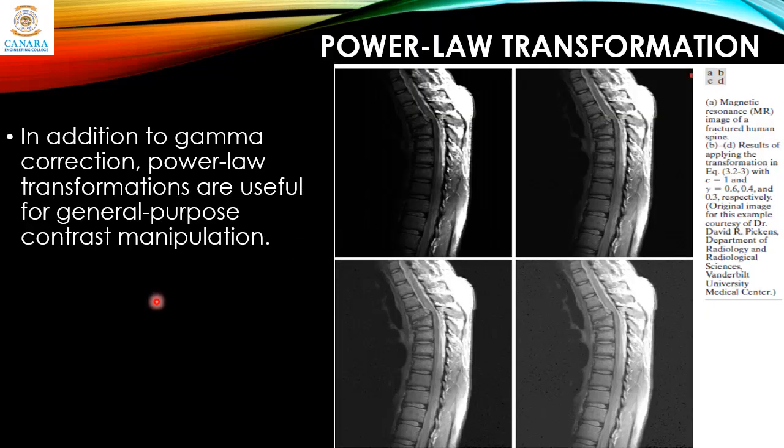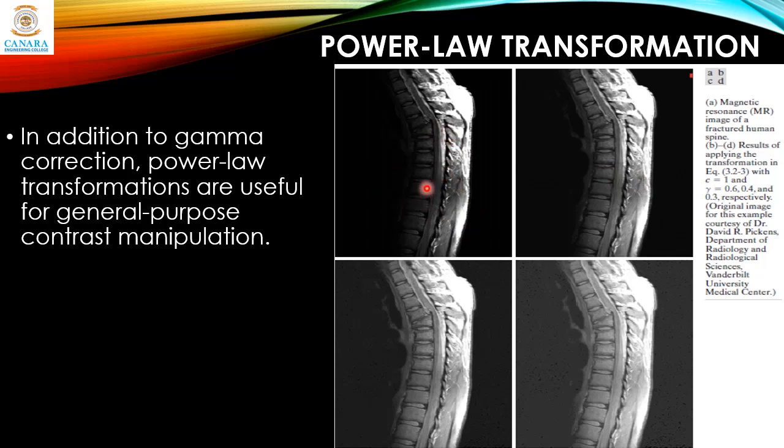In addition to gamma correction, we can use the power law transformation to perform some useful contrast manipulation operations like this one. This is the original image of a fractured human spine.